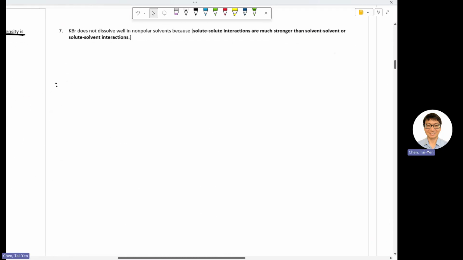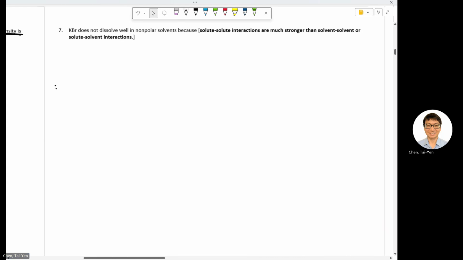Okay, so this question is relatively simple. It says, KBr does not dissolve well in nonpolar solvent because of what? It's going to give you a lot of options.